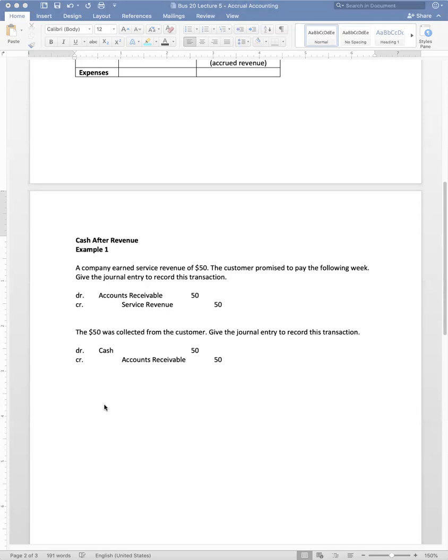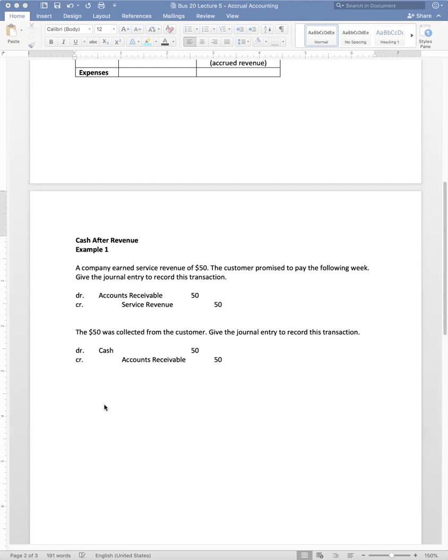So let's say you want to subscribe to Netflix, you're going to have to pay for that month in advance, and then you get to watch for a month. Right? Even your tuition at San Jose State. San Jose State is a nonprofit, but you're still paying for your tuition at the beginning before the semester even begins. And then in return, you get to attend classes and you get to learn for the following months, right? So there are certain businesses where it is common for customers to pay in advance.